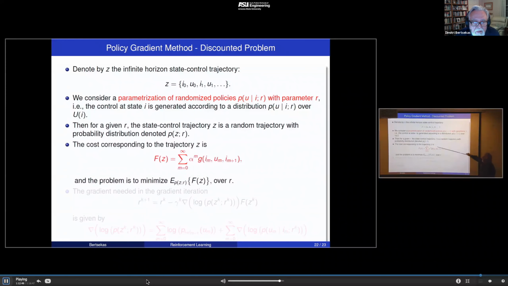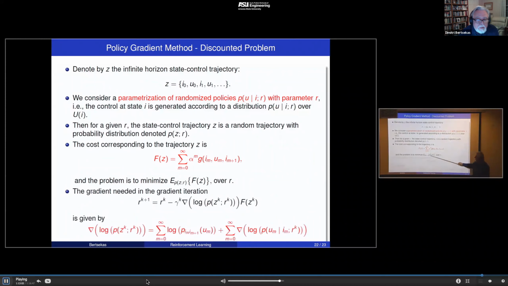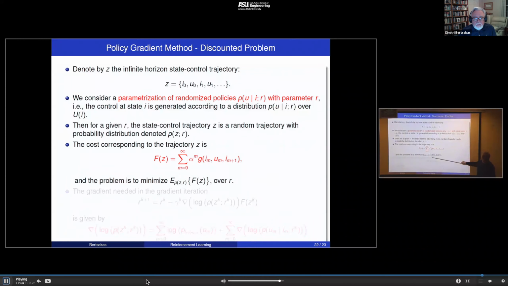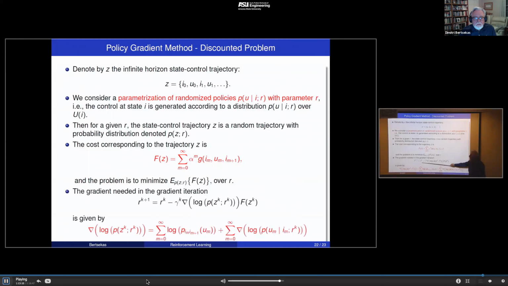Now, the cost corresponding to a trajectory is given by the standard discounted cost. And this is just a sample, okay? And the problem is to minimize the expected value of this cost over R. So that's the general form of dynamic programming problem. And we use the gradient iteration, the sampled gradient iteration from the previous slide, okay?